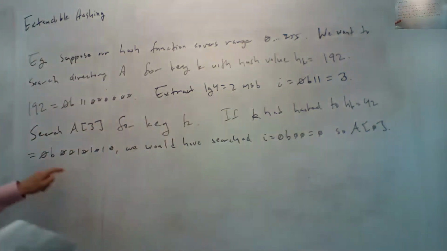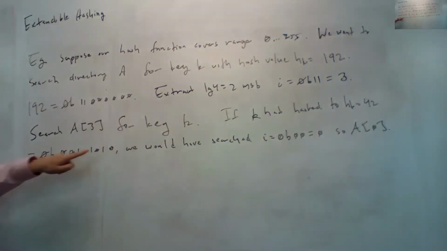So you see what I mean about we have to keep it 8 bits wide. Can't stop here like this and take 1, 0, because that's not going to work. Have to keep it 8 wide. Take the top 2 bits, most significant bits. Okay?